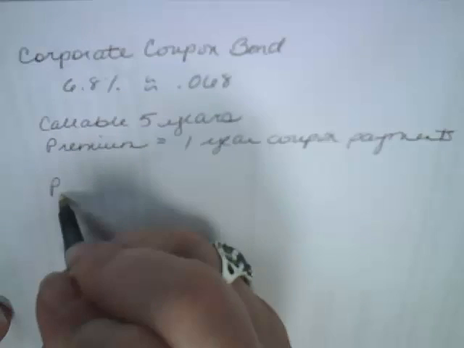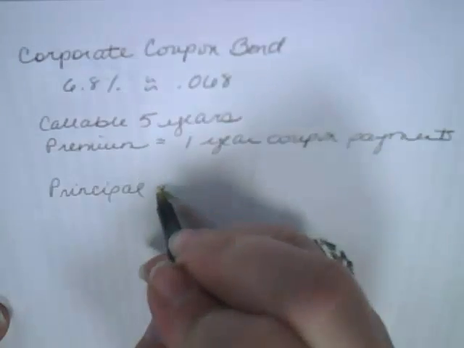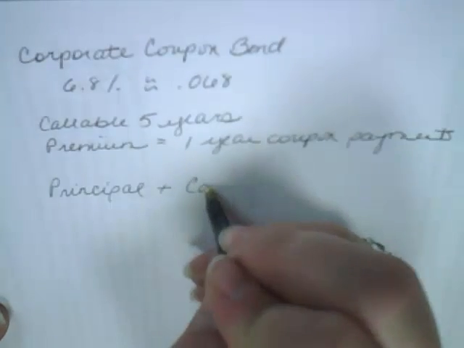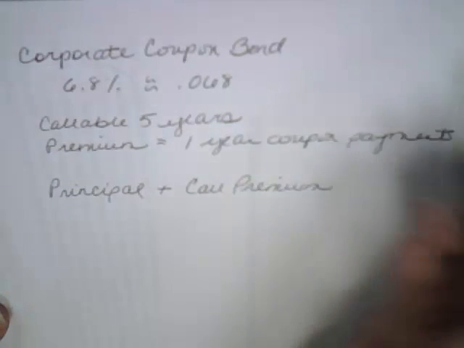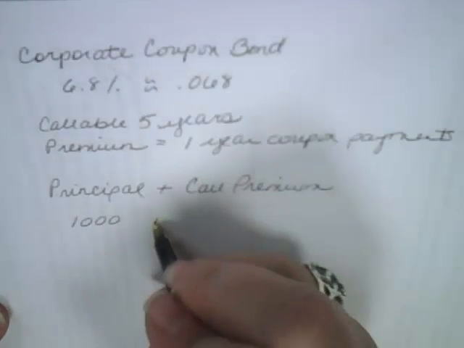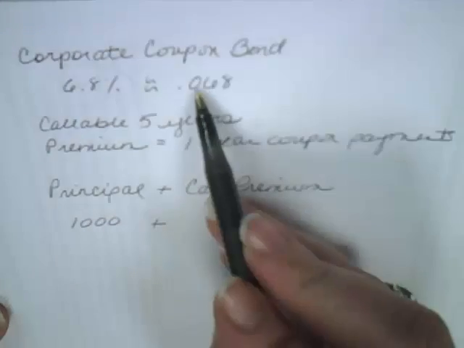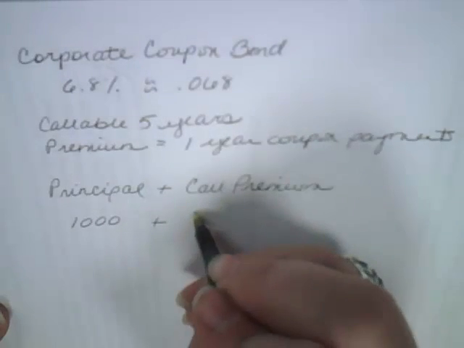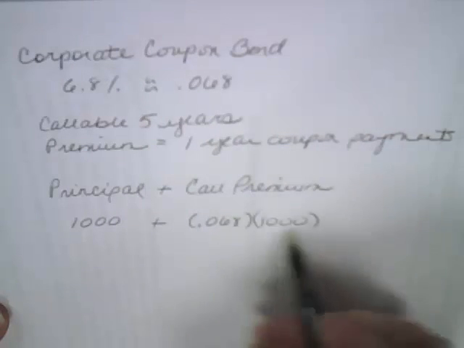So if the corporate bond price is equal to principal and the call premium, which makes sense logically, we know that the principal is $1,000, and we're going to add this call premium in, 0.068 times $1,000, which is that interest.